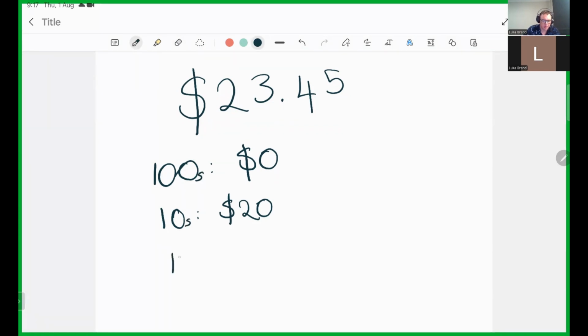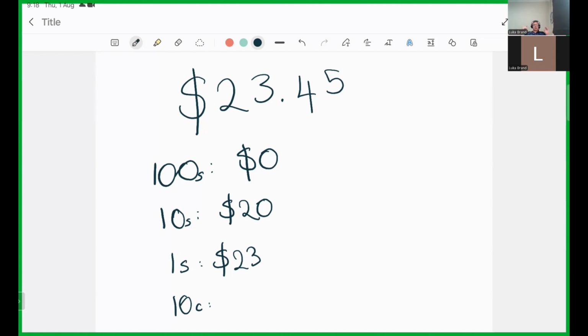Now let's think about $1. To the nearest 1, we're going to then give him $23. Now the 10 cents. This is a tricky one because this is 45 cents. And if you told me that 45 is exactly halfway between 40 and 50, you would be correct. But we have to make a judgment call.